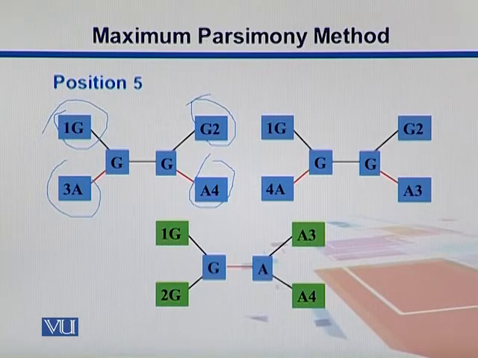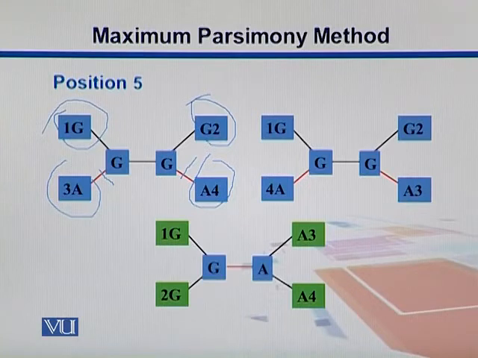So we can have this arrangement, and we see there are black lines, where we have matches, and red lines, where we have substitutions. So in this tree we recognize that there are 2 substitutions. One is here where an A changes to G, and here is the second one.